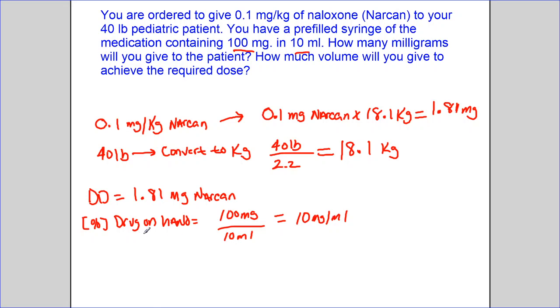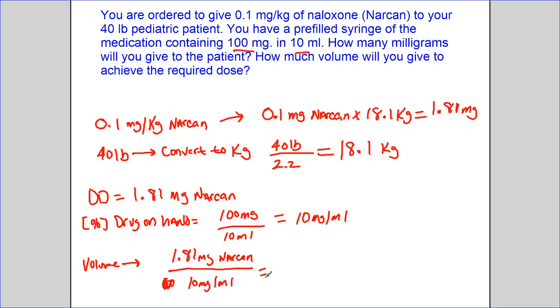All right. Volume. We need to know how much volume to give. So how are we going to do that? We're going to take the desired dose, which is 1.81 milligrams Narcan, and divide that by the concentration on hand, which is 10 milligrams per mL.